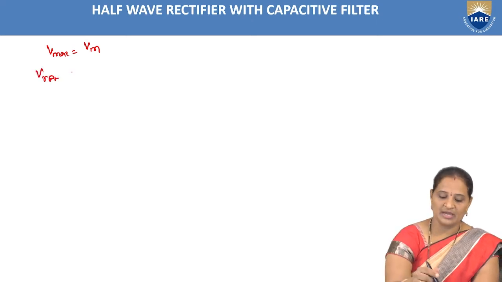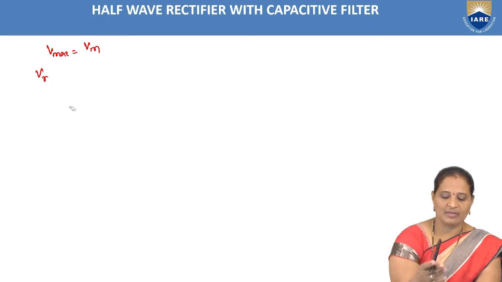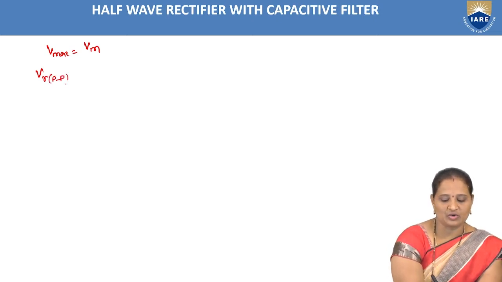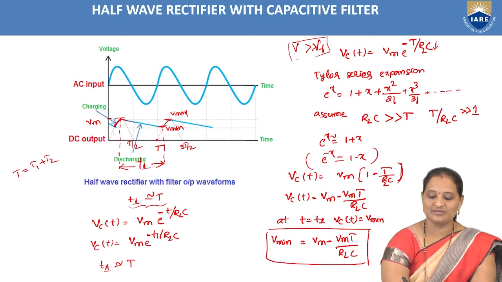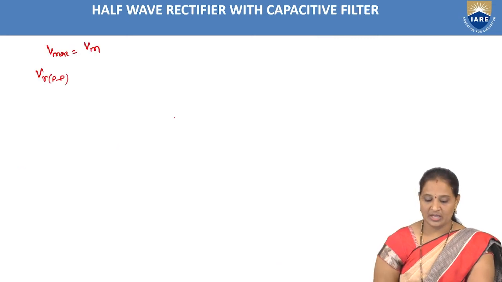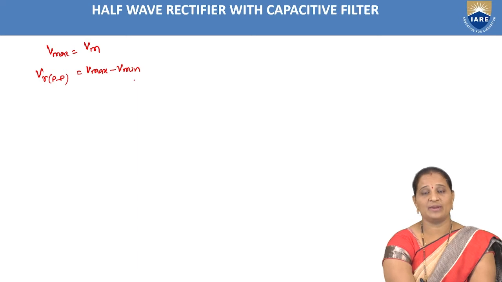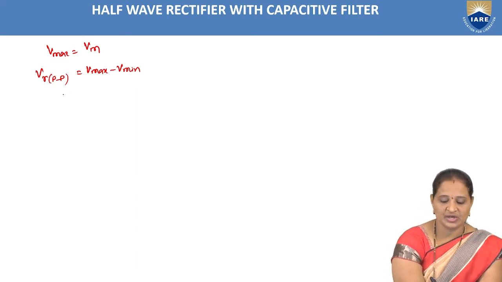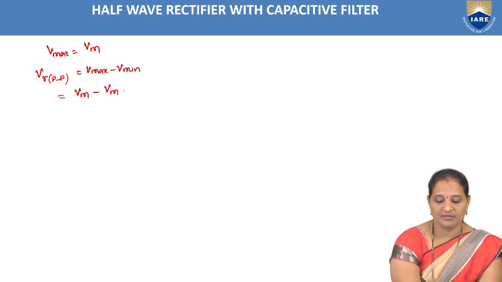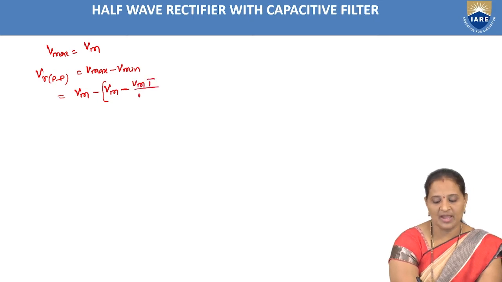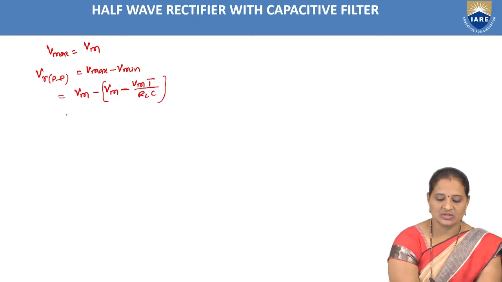So now the ripple voltage peak to peak can be given by Vmax minus V minimum, so that we can find the peak to peak value of the ripple voltage. Where Vmax is equal to Vm, and V minimum is Vm minus Vm into T by RL into C. Now if I expand this, the Vm terms get cancelled.